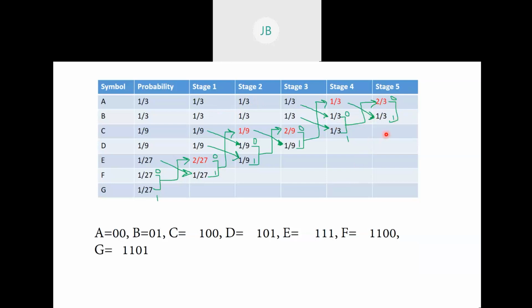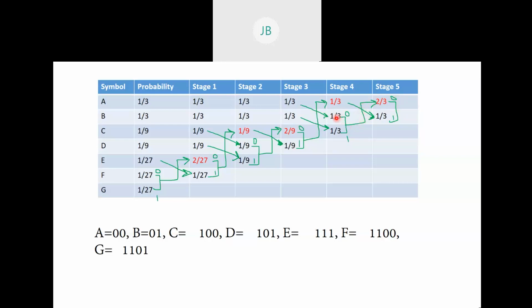That's what's shown here. Now I need to find out the code word for every symbol, that is A to G. How is it done? It is done by using the backtrack method. For example, A is here. So I need to find out how to go to A from the last position. So here, I'm in the last position. So I need to go to A. When I want to go to A, I need to use this path.